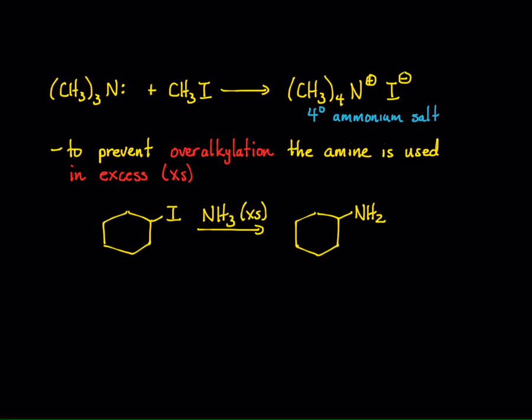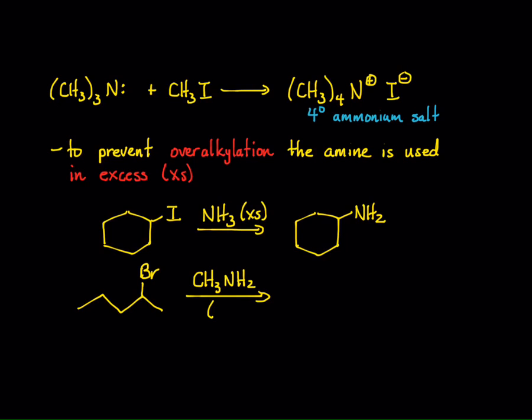Now, obviously, cyclohexanamine could react with cyclohexyl iodide or iodocyclohexane. But if I have a large excess of ammonia in there, I'm going to limit that over-alkylation.